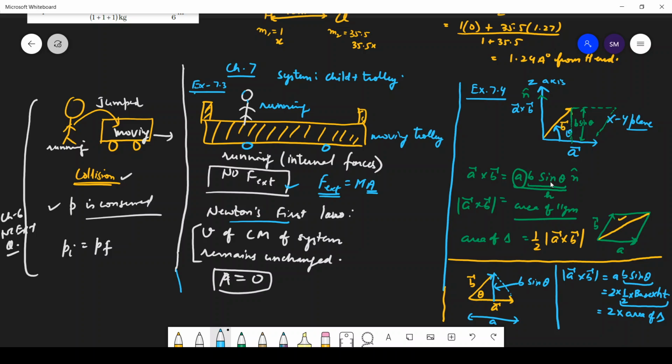So A cross B is the area of the parallelogram made by these two vectors, and if you are considering the triangle only, obviously it's half of the parallelogram. So the area of the triangle is equal to half of the magnitude of the cross product. Is this clear? Yes. Any problem, students?